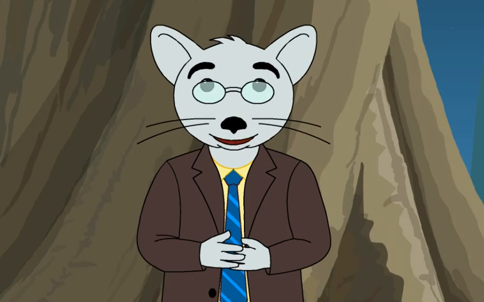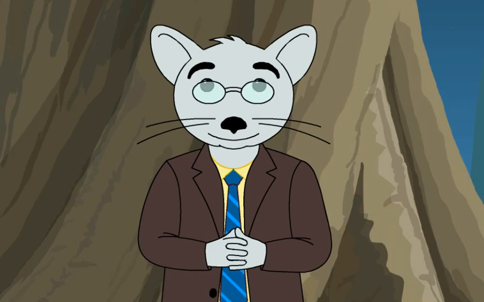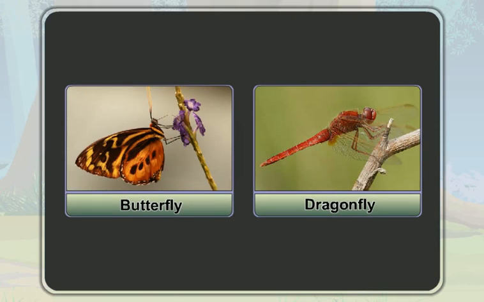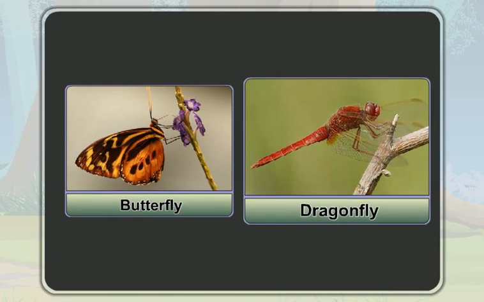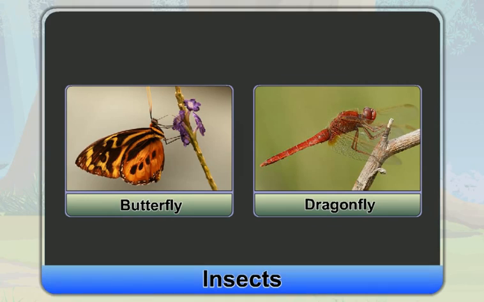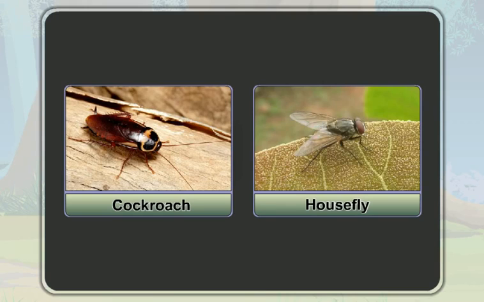Students, we see many insects around us. Invertebrates like a butterfly and a dragonfly are insects. Invertebrates like a cockroach and a housefly are also insects.